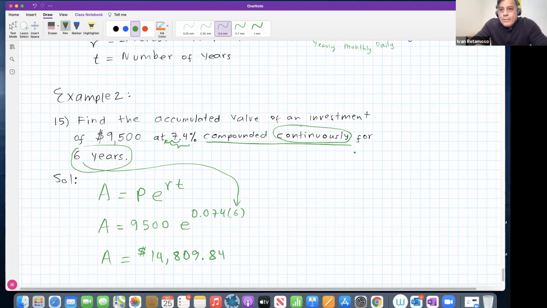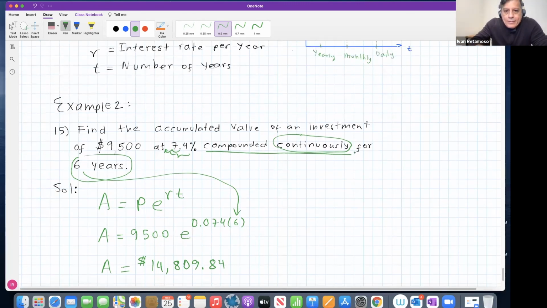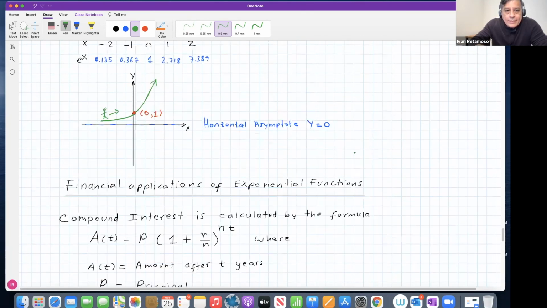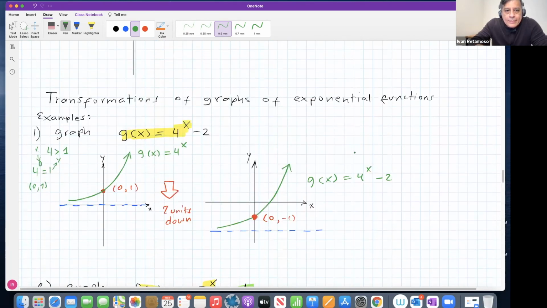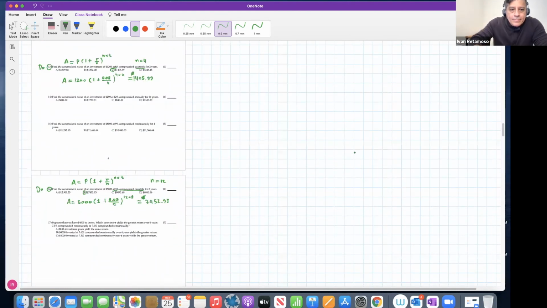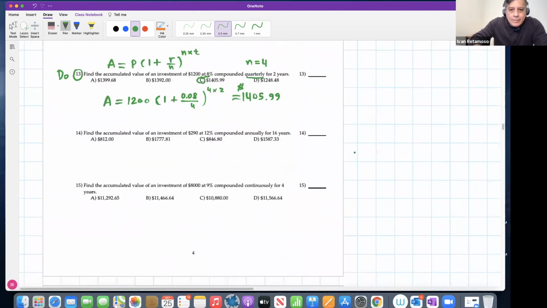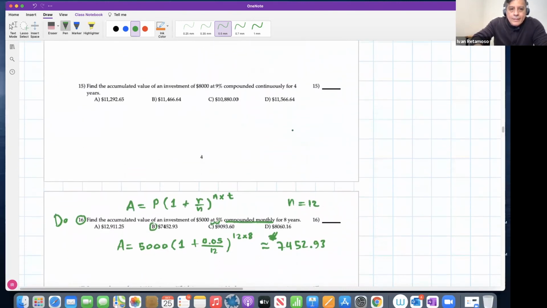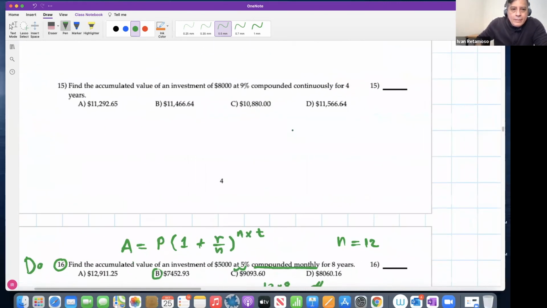Now, guys, for you to practice, let me go over the worksheet. I think there is a nice exercise there. So let's check it out. And then probably we will compare both. Okay, this one, 15. Professor, how do you know that 15 deals with what we just did? Look at this, guys. Compounded continuously.